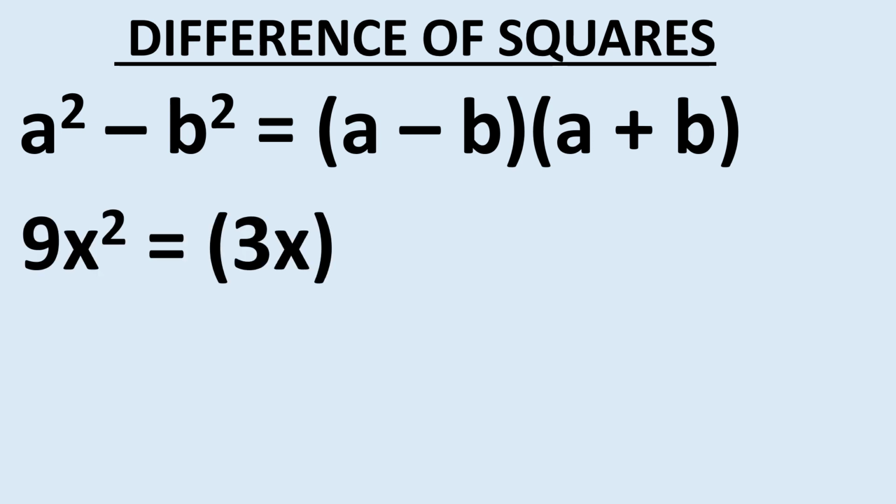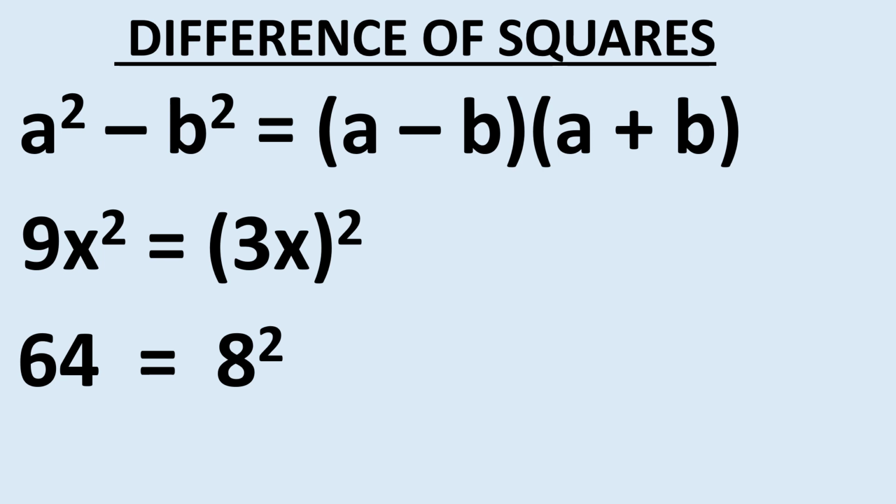Now when you have 9x squared, you can write it as 3x in a bracket all squared, because if you expand it, it becomes 3x times 3x, and that becomes 3 times 3, which is 9, and then x times x, which is x squared. So 3x all squared is equal to 9x squared.